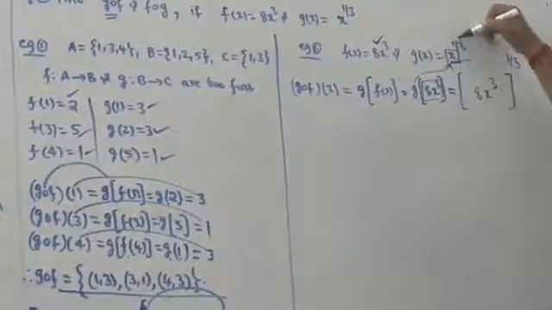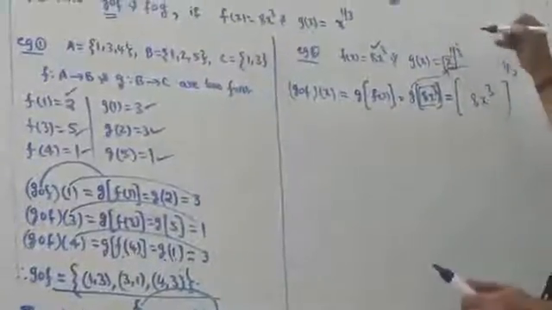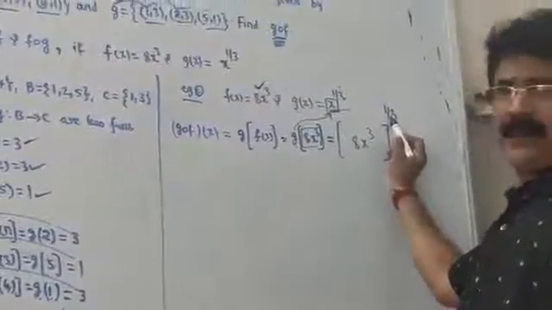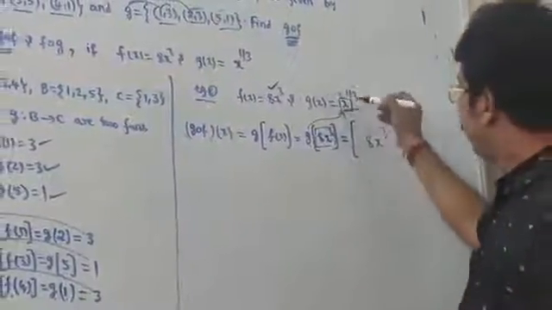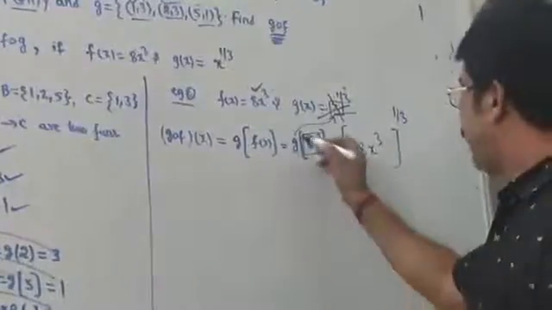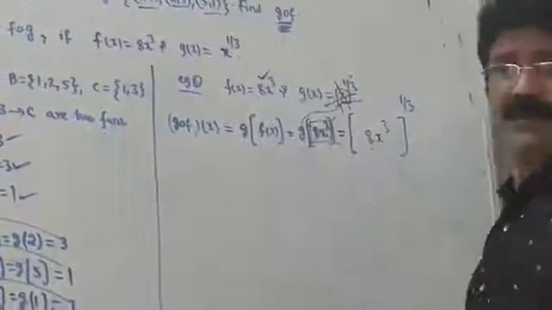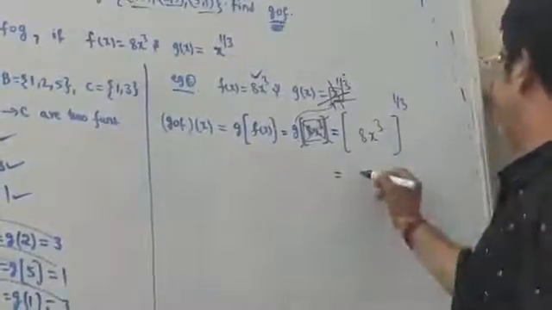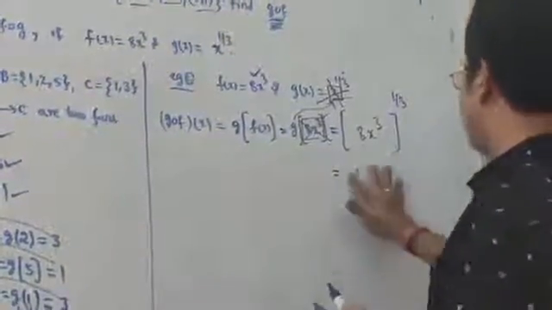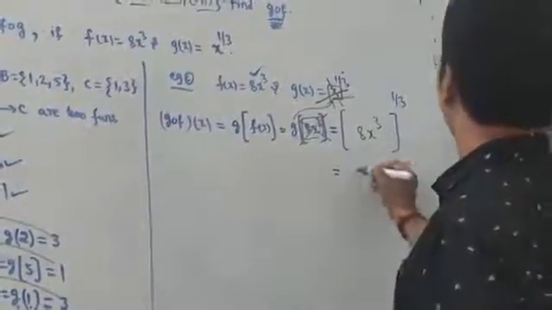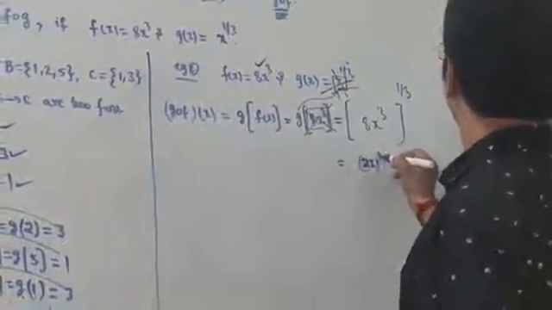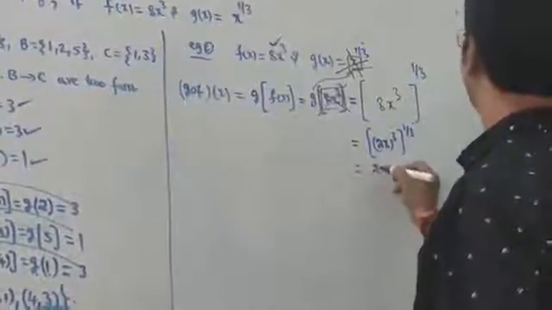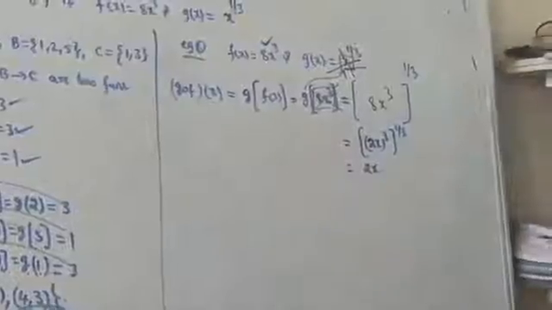Power, coefficients, signs will be the same. Instead of x, 8x cubed. So that is equal to 2x whole cubed, again whole to the power of 1 by 3. So the 3s cancel. It remains only 2x.